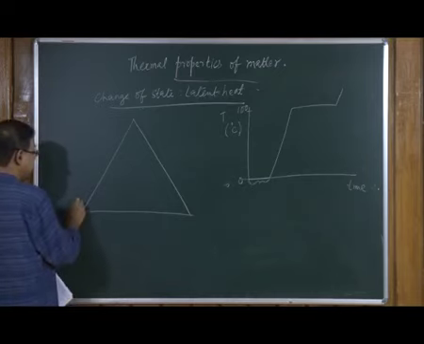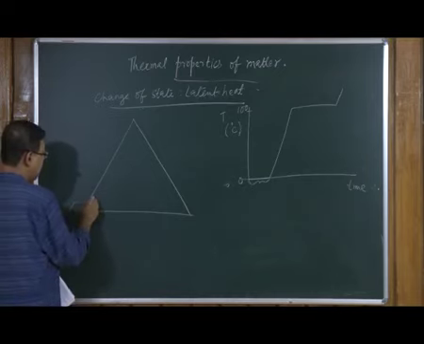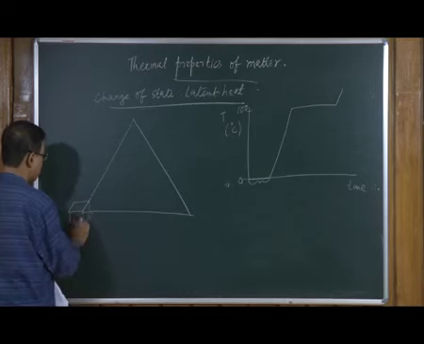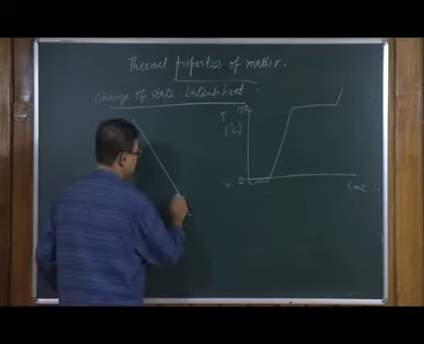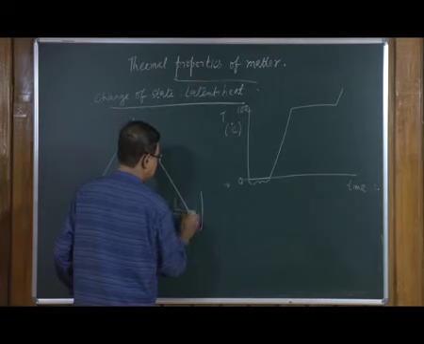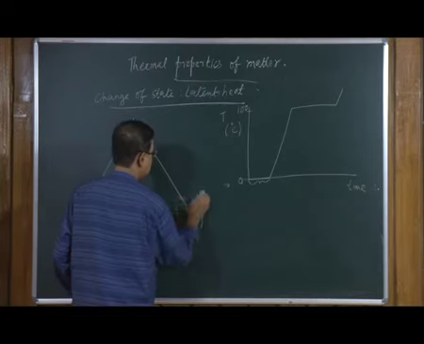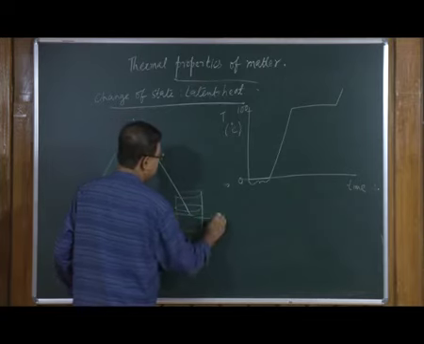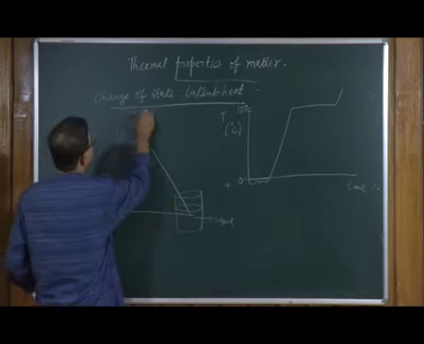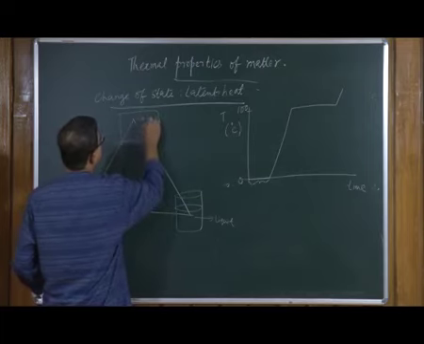So, at this vertex of the equilateral triangle, we have a solid. So, this is a solid, and there is a container containing a liquid, and there is another container containing gas.